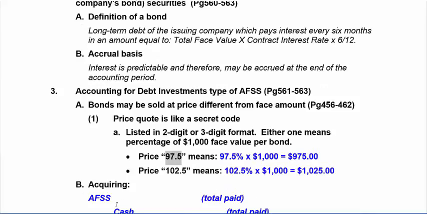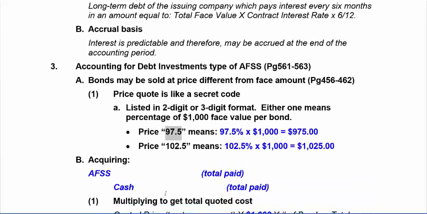So when you buy bonds, you debit, for purposes of my worksheets, available for sale securities. In Wiley Plus, you'd probably be debiting debt investments. So we debit that for the total amount paid and credit cash for the total amount we paid.